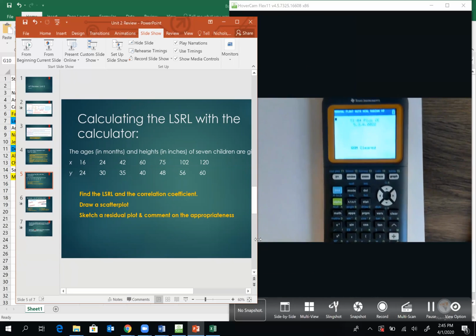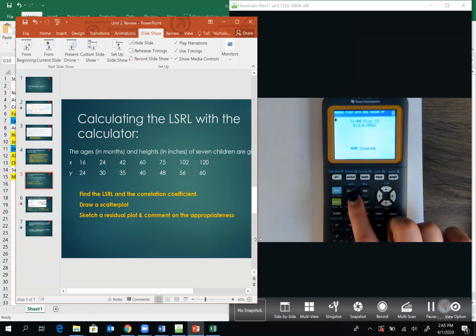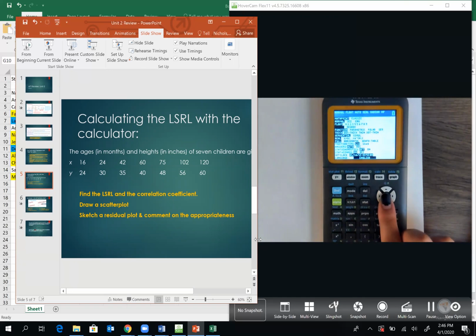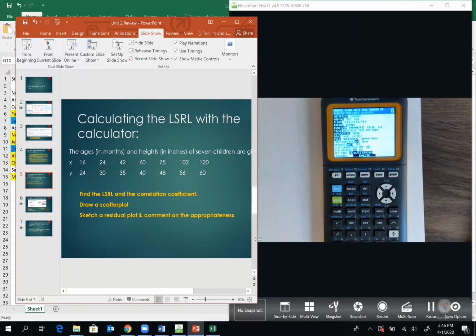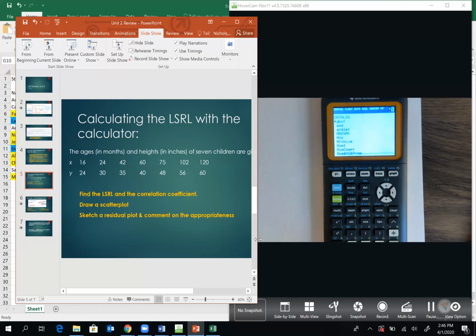The first thing you want to do, if I'm going to find the correlation coefficient on the calculator, is turn my stat diagnostics on. To do that, you go to Mode, and then go to Stat Diagnostics down here, and turn it on. If you have an older calculator, you might need to go to Second Catalog, and then just Diagnostic.